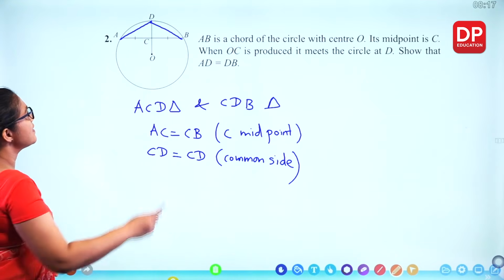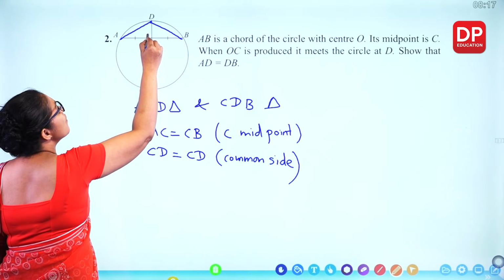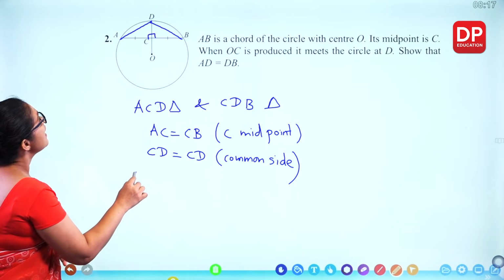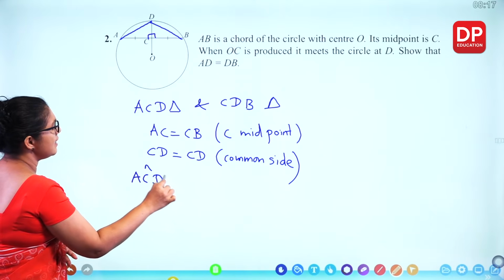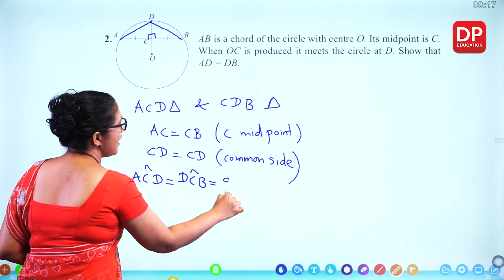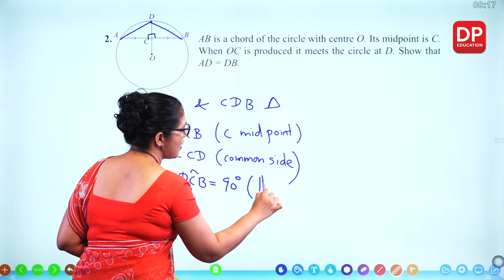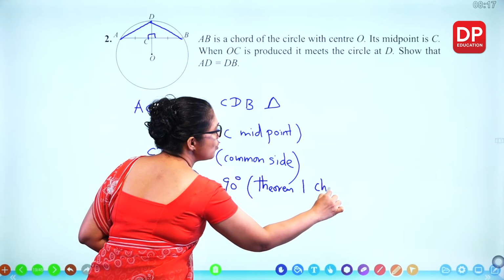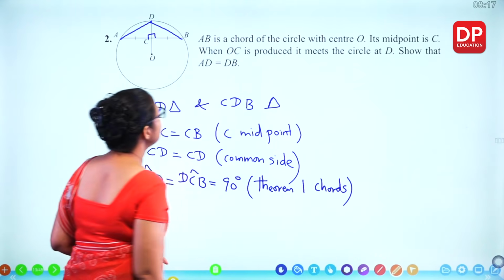What do you know about this angle? We know this is perpendicular. Angle is 90 degrees. So we can write ACD angle and DCB angle, both are 90 degrees. That's according to theorem number 1 related to chords.